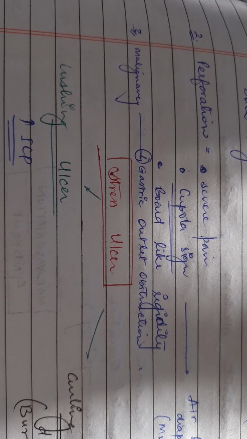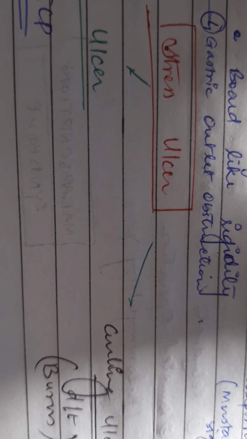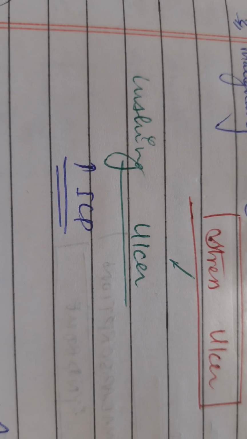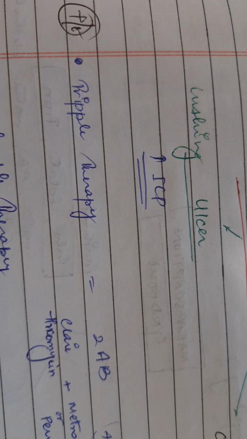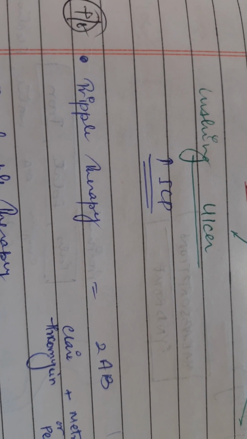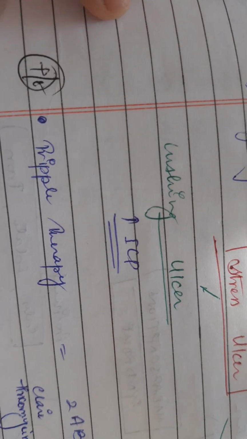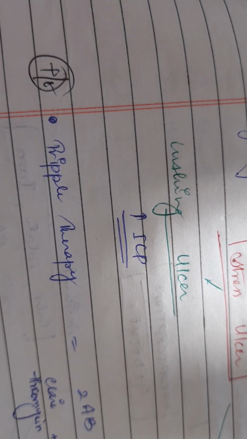So Curling ulcer occurs due to burns, and Cushing ulcer occurs, like in meningitis and all, when increased intracranial pressure occurs.